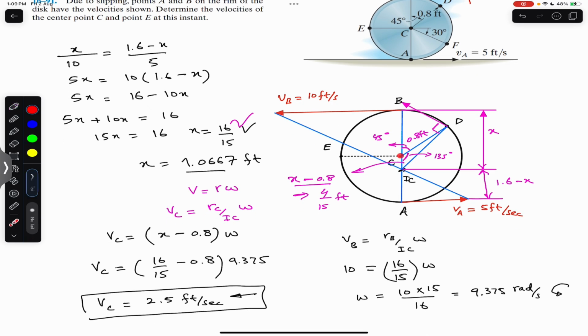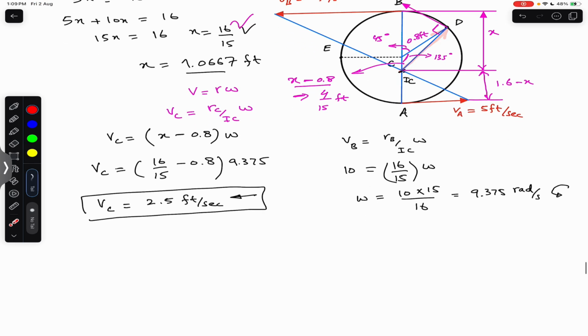So now our main focus is on this triangle. We know that this length is 0.8 feet. This is 4 divided by 15 feet, and this included angle is 135 degrees. So now, using the law of cosines, we can find the magnitude of R of D relative to the instantaneous center.